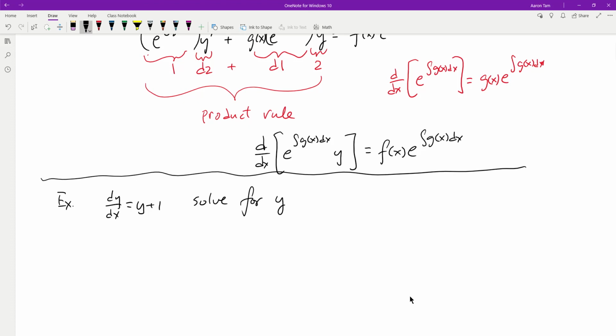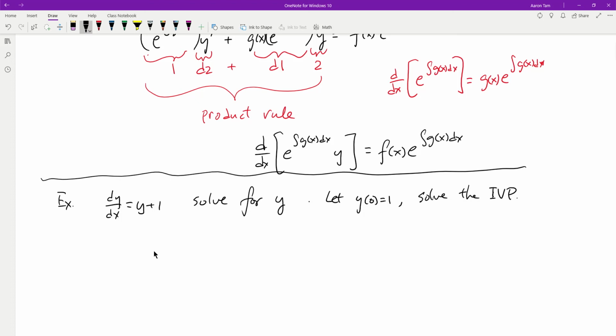And after I solve for y, we're going to say let y of 0 equal 1. Actually, maybe I should say it this way: solve the initial value problem. Okay? So let's try to solve for y first.